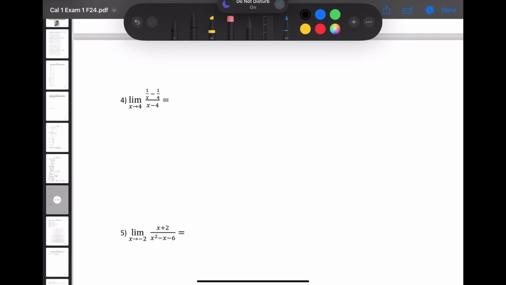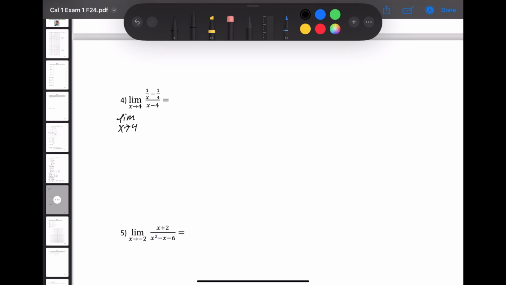Okay, now moving on, we're going to be evaluating the limits, but this is page 7, still section 4. So we know that for this one we're going to need the greatest common denominator, or actually in this case, the least common denominator.